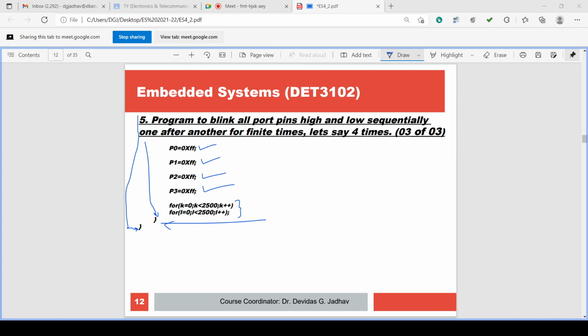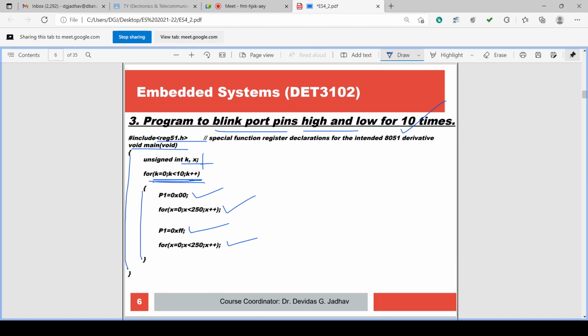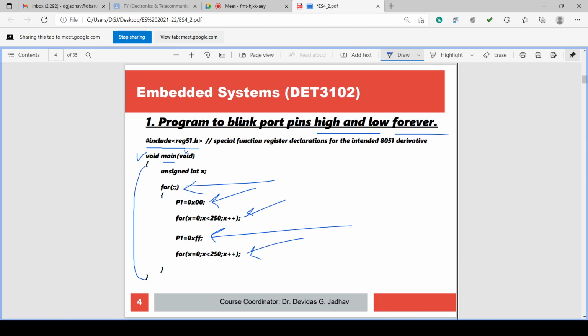Okay. So in this way, we have seen the programs today. All the 5 programs are for blinking. Whenever a single port is used, consider it for blinking.